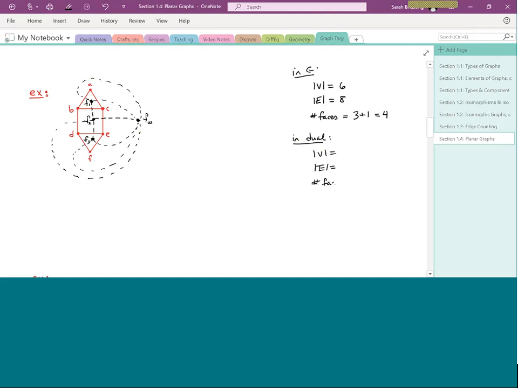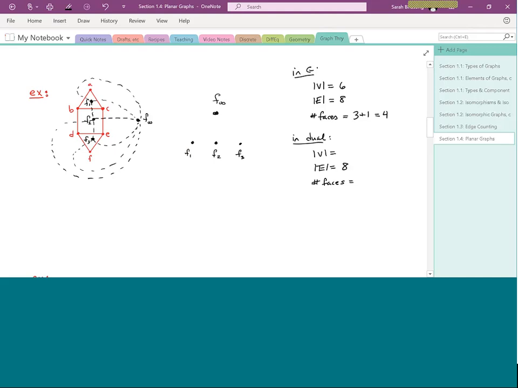Same number, bigger, smaller, any guesses? And as you guys are guessing, I'll go ahead and start redrawing this guy. It turns out, as I see no more guesses coming through, it's always going to be the same. So here we should have had 8 edges.